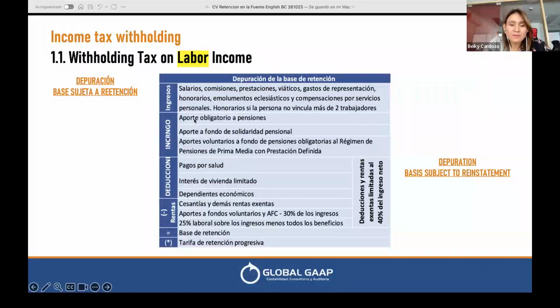So this aporte obligatorio de pensiones is what the company pays on your behalf for your pension. This point is very important for foreign employees, because when foreign employees have a pension fund overseas, the law allows you not to pay the pension here.